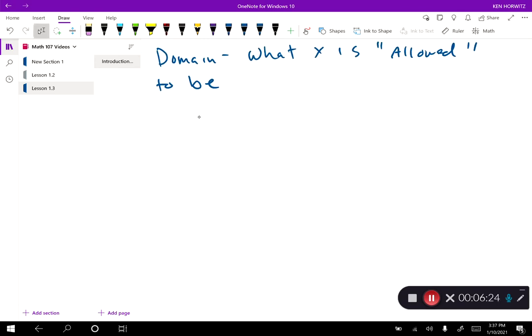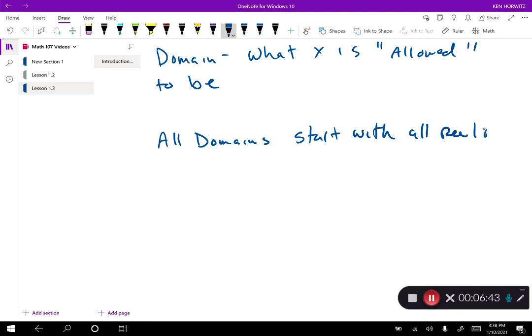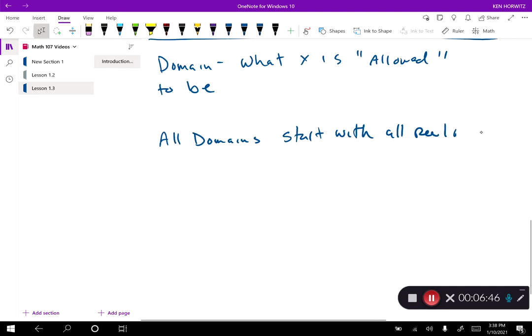So I have a rule for domains: all domains start with all real numbers. There are only two reasons you would restrict the domain.